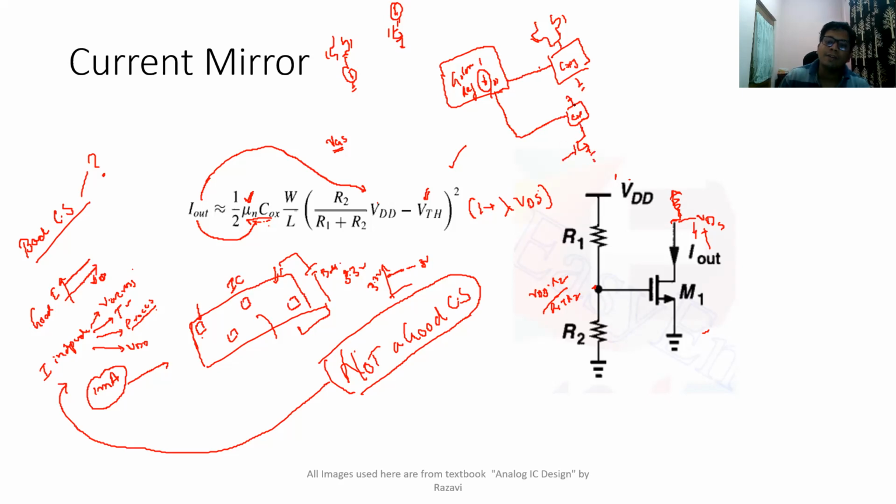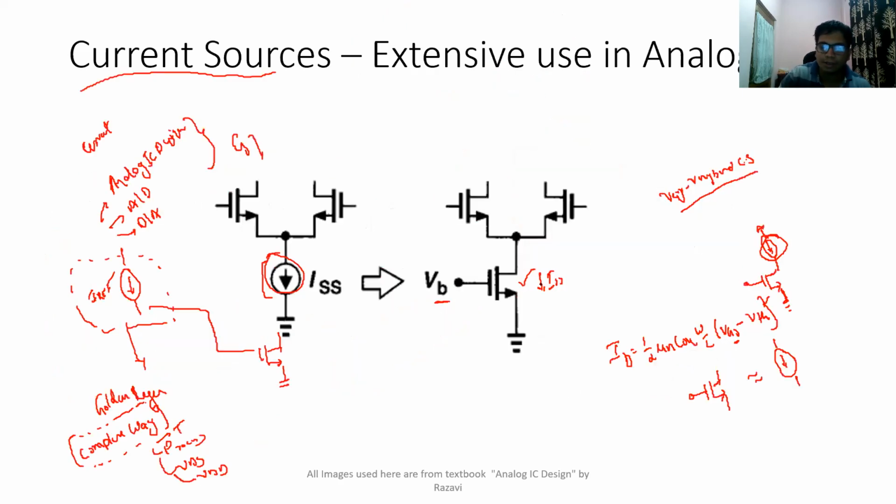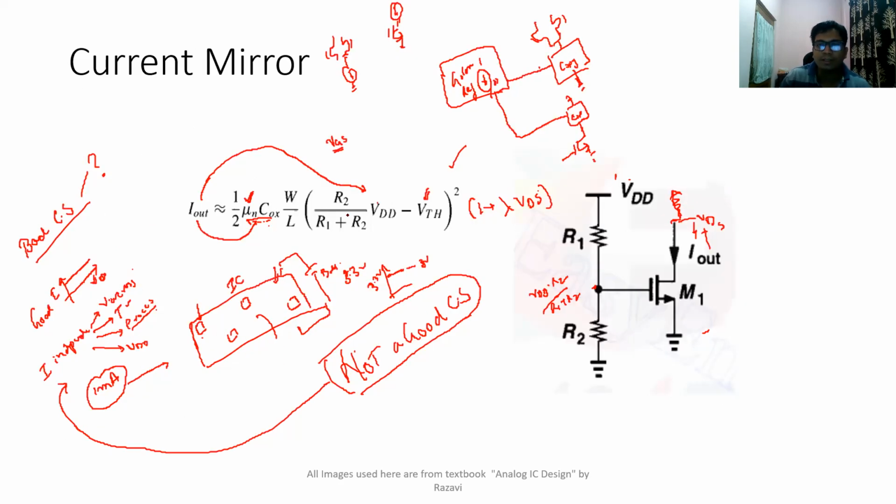The reason we use a copy circuit instead of designing the current source itself is that designing this reference is very, very difficult. You cannot design it in each and every place because it is going to be very bulky. Designing a copy circuit is very easy. So we design one golden reference and copy the same current wherever it is required using copy circuits. So how can you copy this current?